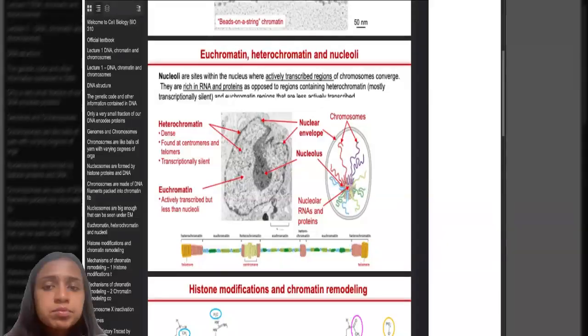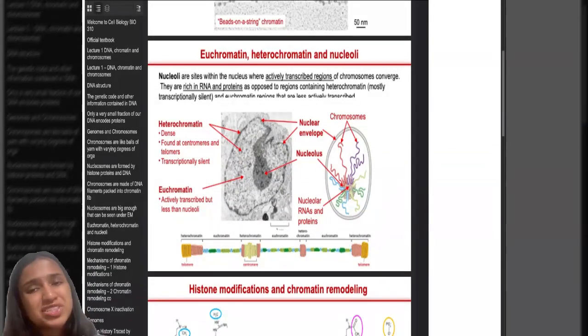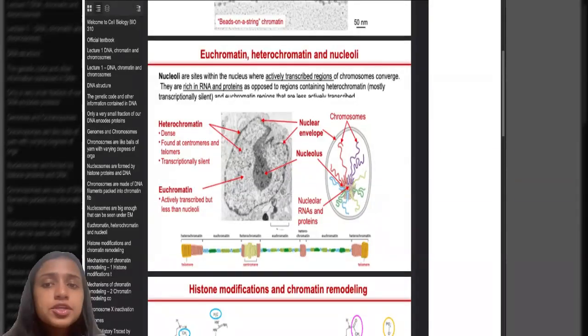They're highly rich in RNA and proteins as opposed to regions containing heterochromatin, which is mostly transcriptionally silent. And euchromatin regions are less actively transcribed. So you have this heterochromatin region, which is dense, but it is transcriptionally silent as compared to actively transcribed regions where there's RNA and proteins.